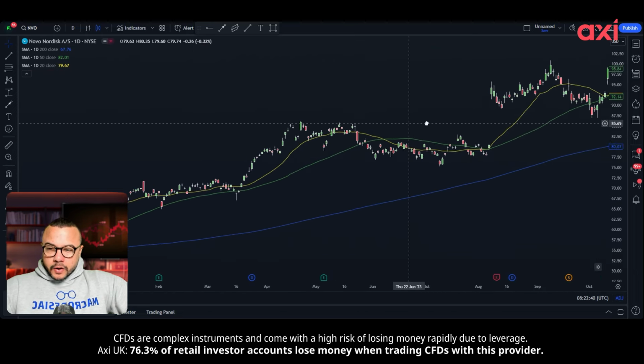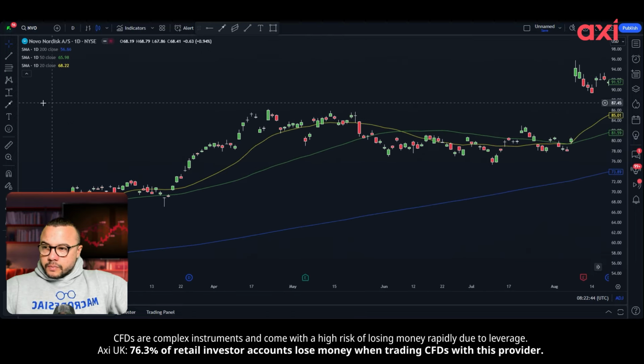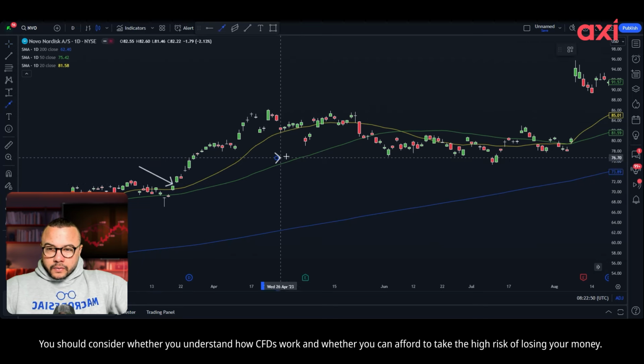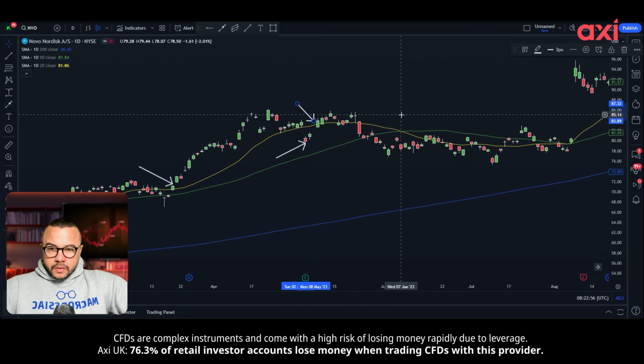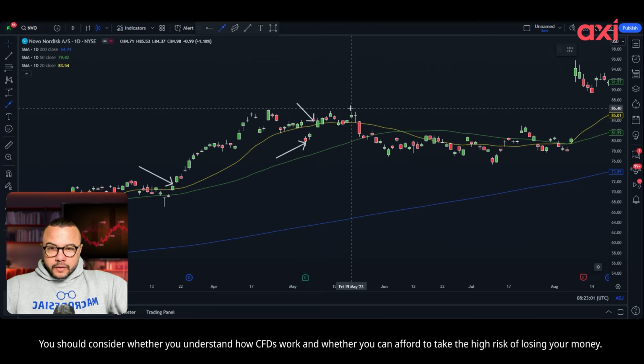But I'll show you a specific example. You would want to buy here, close above all three, and then you would want to sell here. You'd want to buy here, and it doesn't matter if it closes out below.